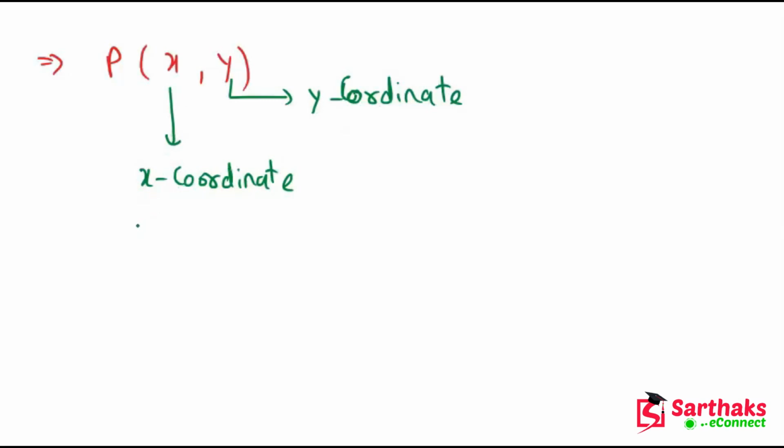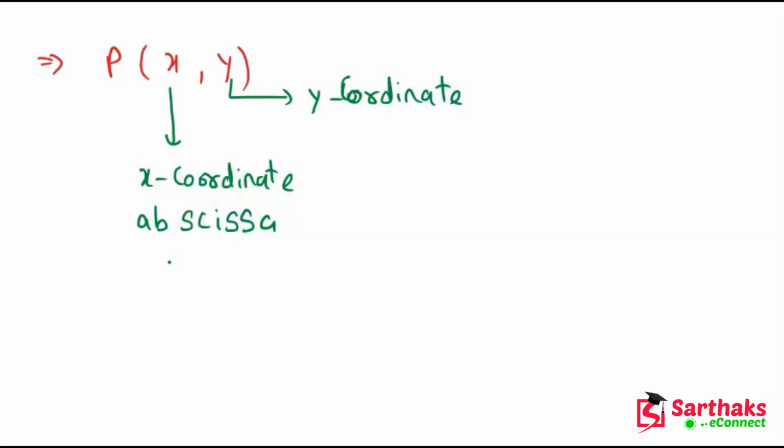Now the x coordinate is also called the abscissa. So my dear friends, what is the abscissa? In this system of coordinates, it is the distance from a point to the vertical or y-axis, measured parallel to the horizontal or x-axis.